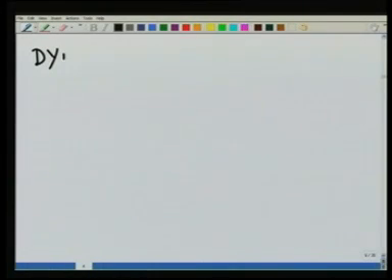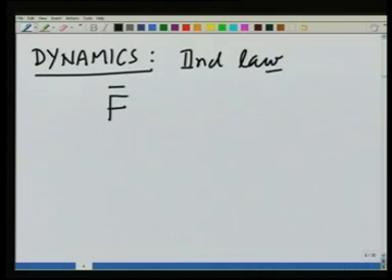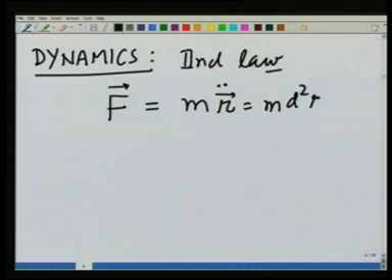How about the dynamics of a rigid body? You recall, when we considered the dynamics of a particle, we started with the second law of Newton that said that for a point particle, force equals the mass times r double dot, the second derivative, the acceleration of r with respect to time.